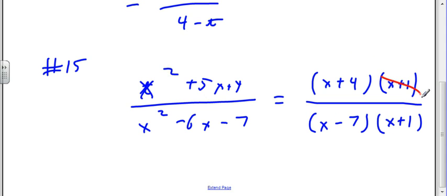And then I can say, well, these two guys can go away, and then I can write down my final answer, x plus 4 over x minus 7. Okay, good enough. In that case, I had to factor the polynomial before I could figure out what my final answer is going to be.